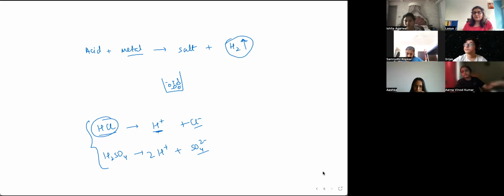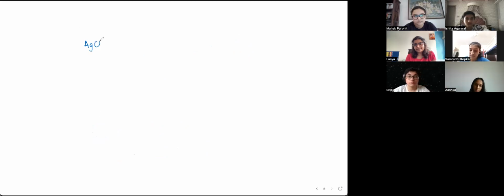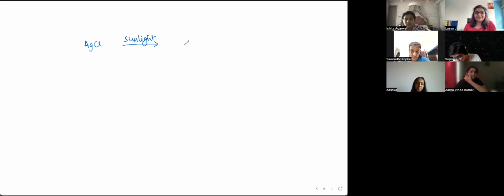So silver chloride. What is this reaction an example of? Who remembers? When you have silver chloride, AgCl, and you expose it to sunlight or any sort of light in general. Photochemical. Yes. It's a decomposition reaction. So you get silver plus chlorine gas.